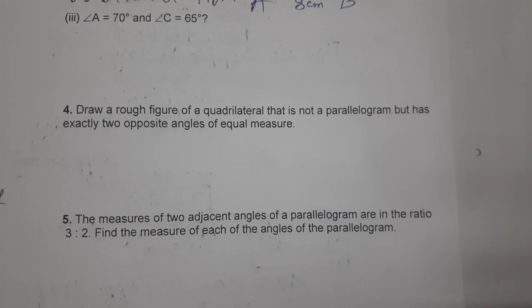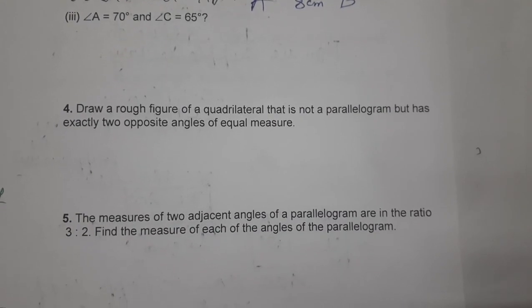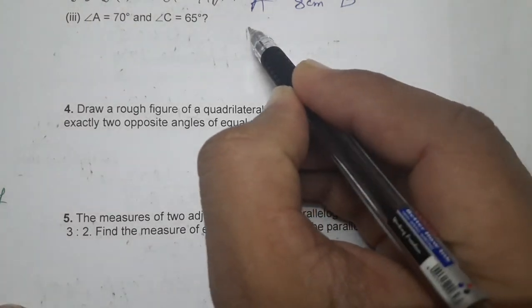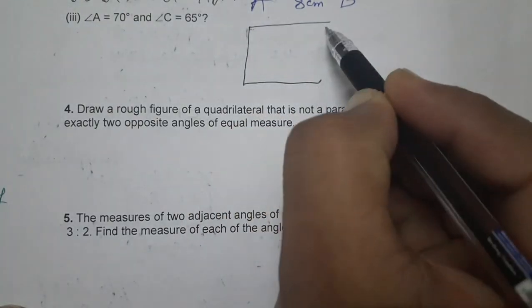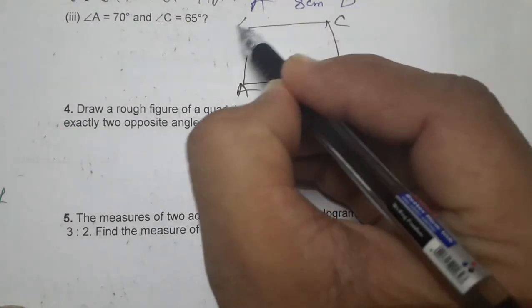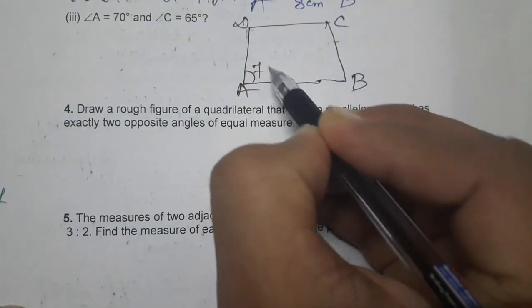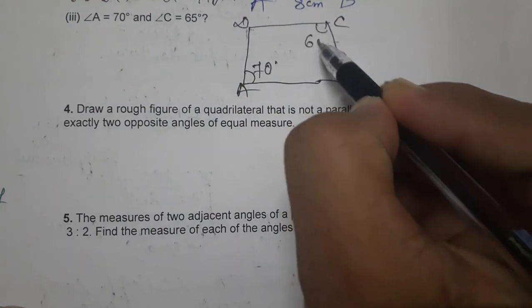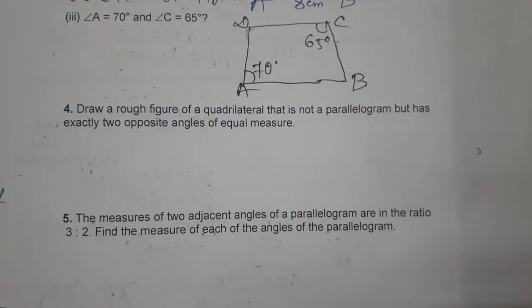Angle A equals 70, angle C is 65. So again, let's make one quadrilateral, ABCD. Angle A is 70 degrees. Angle C is 65 degrees. And we know very well, children, that opposite angles of a parallelogram are equal.